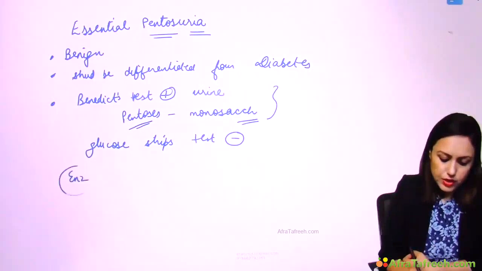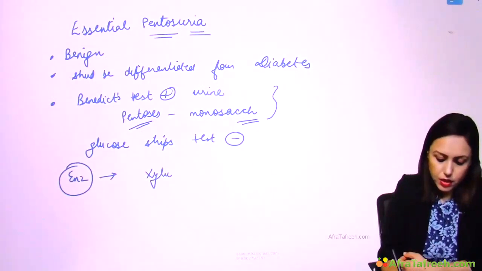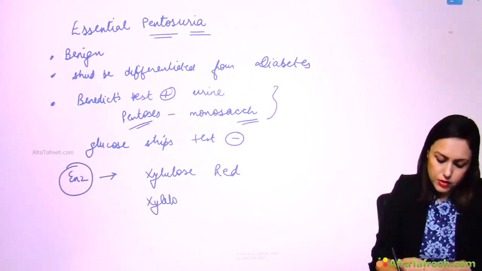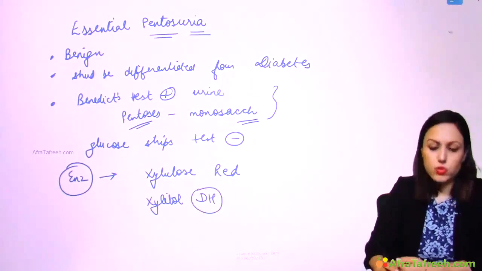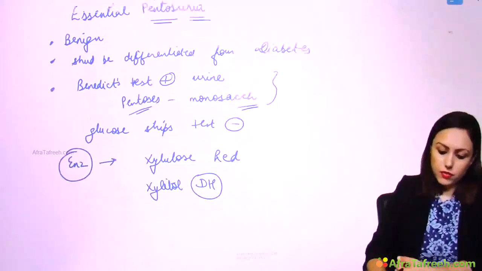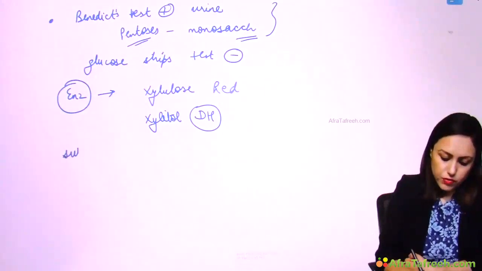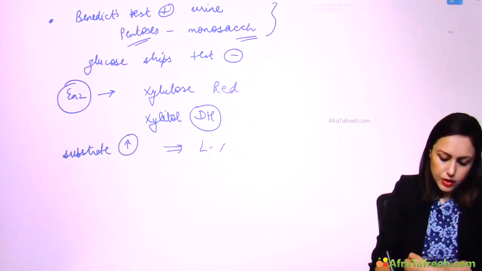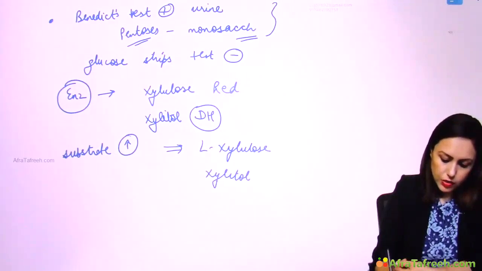So which enzyme is defective here? Either it is xylulose reductase which may be deficient or defective, or it is xylitol dehydrogenase, right? And which substrate will accumulate here? It is L-xylulose or xylitol.